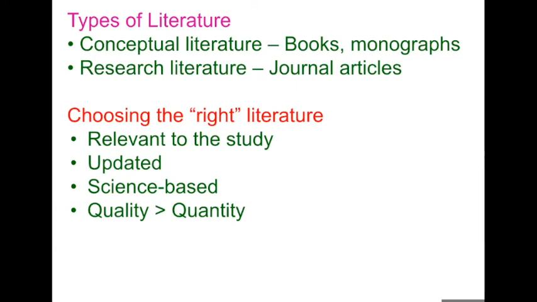But in a lot of cases, it has to be the most recent ones. Should be science-based, of course. We are after quality, not really quantity. And guys, never, ever use Wikipedia as your source of information. Never use other organizations' websites as your source of information. Mahirap yan. Okay? So, yun ang babantayan natin.